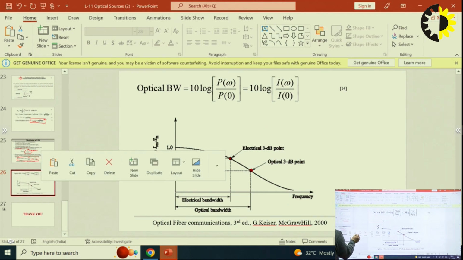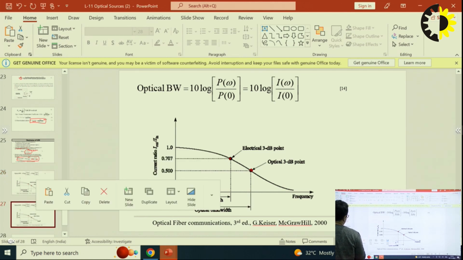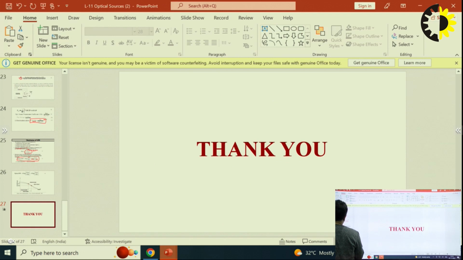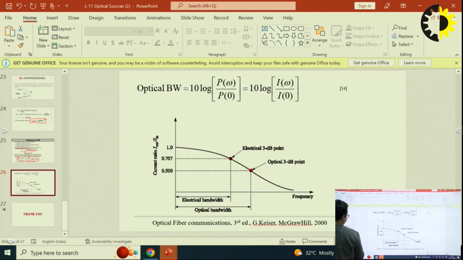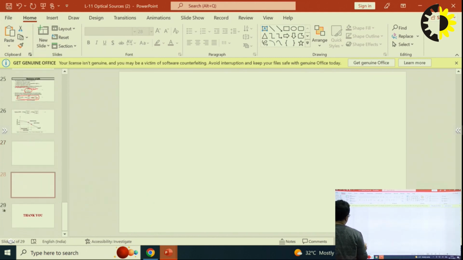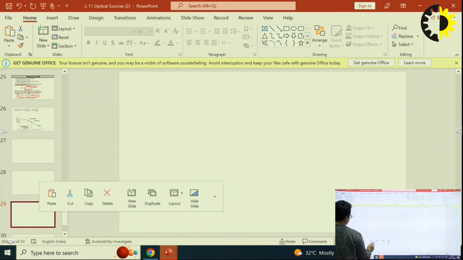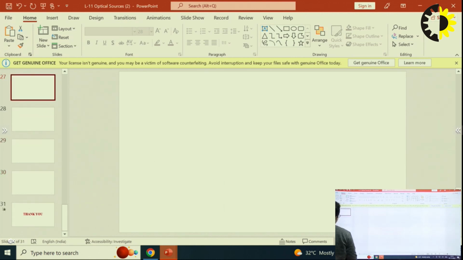Before moving into the details of those phenomena, we first have to understand the basic phenomenon which is responsible for the laser. The basic phenomenon responsible for the laser is called stimulated emission. Although we have discussed that in our previous discussion, before moving into the details about the laser, we first have to recap that process.